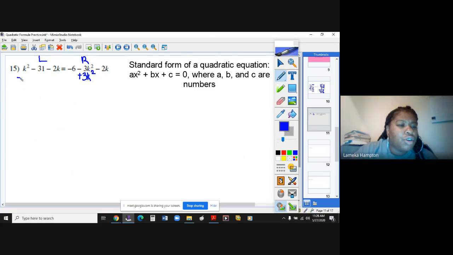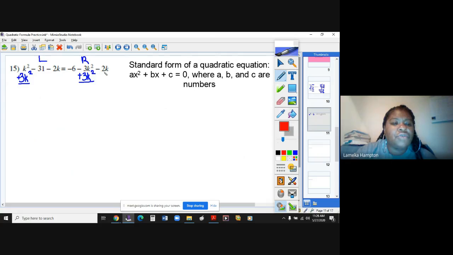So I am going to put plus 3k squared. I'm going to switch colors so that you all can see what I'm adding. Next, this is technically written wrong too, but we're going to clean all that up.